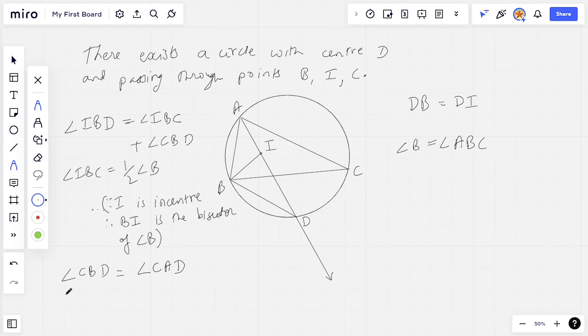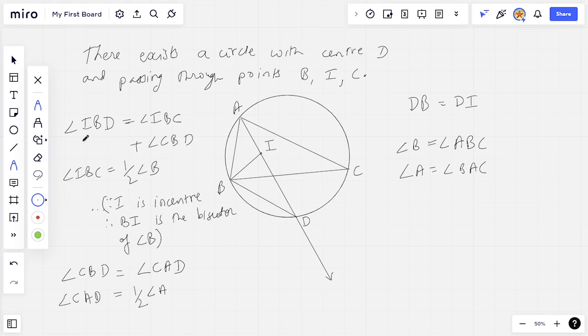And further, we notice that angle CAD is half angle A, where angle A is angle BAC. Again the same reason, I is the incenter and AI bisects angle A. So angle CAD is half of angle A.